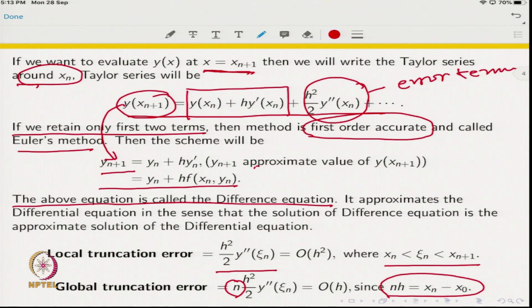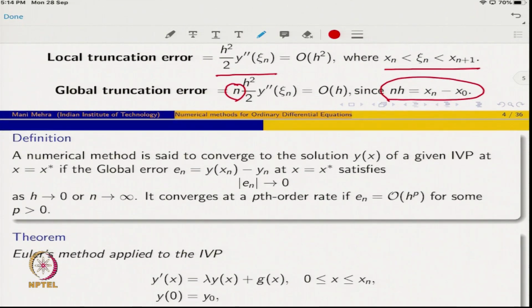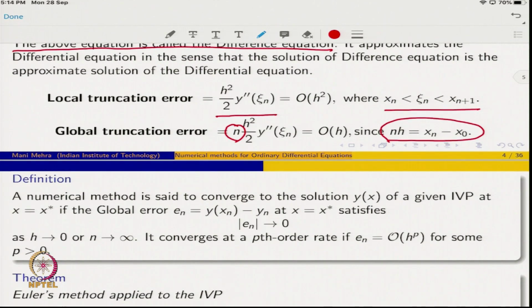I have also explained how you define the local truncation error and the global truncation error. Now let me give you the formal definition of this.